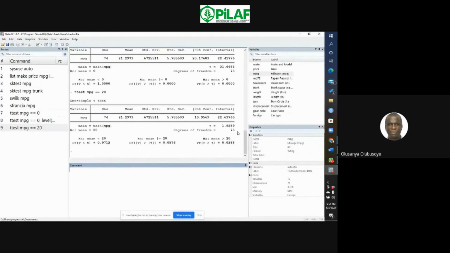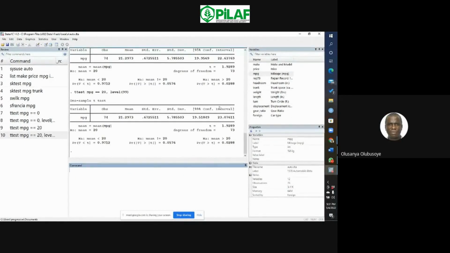So you can also change the level if you so wish. You can change the level to 90, or to 99, maybe to make the test a little more strong.